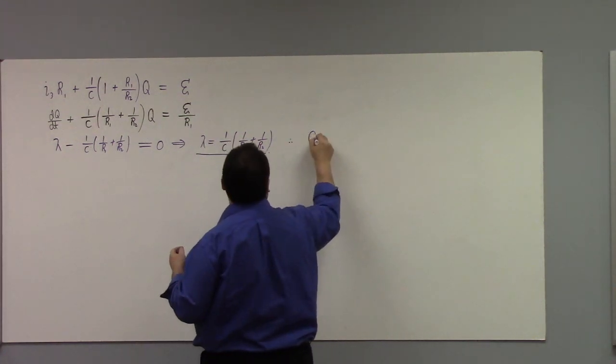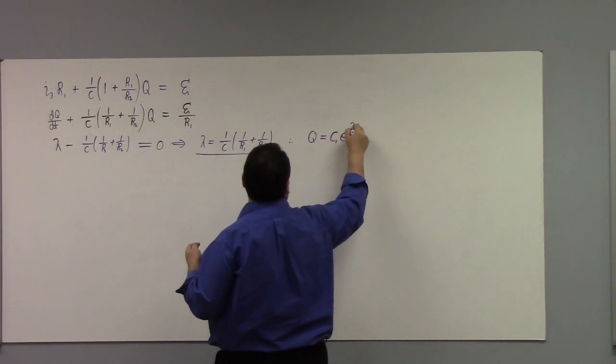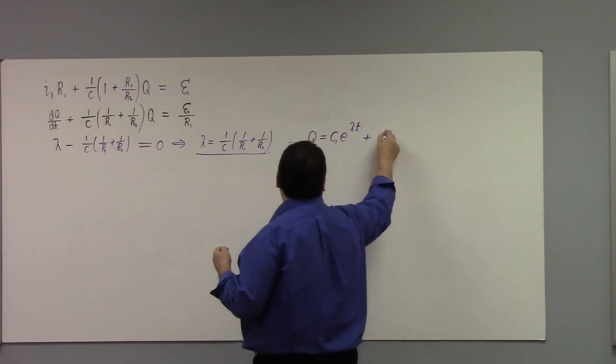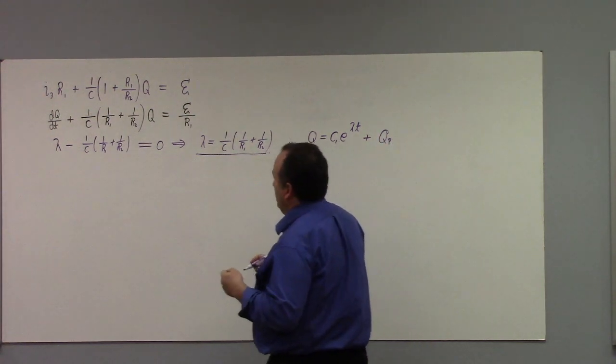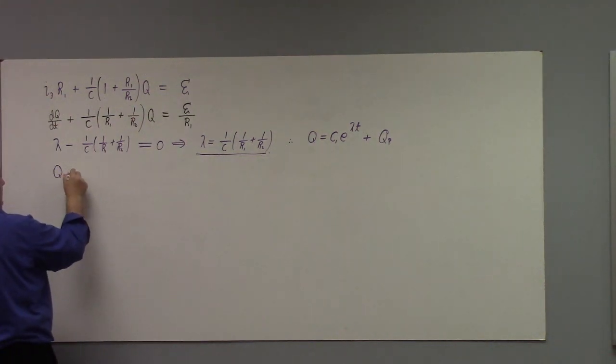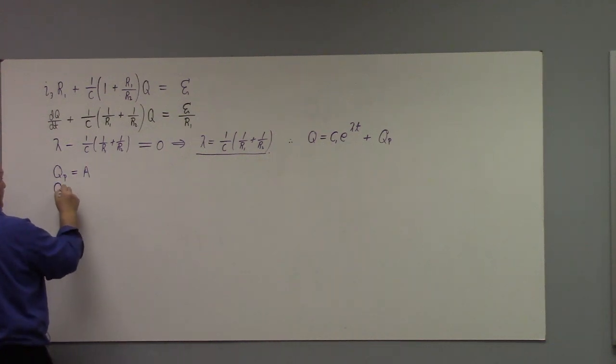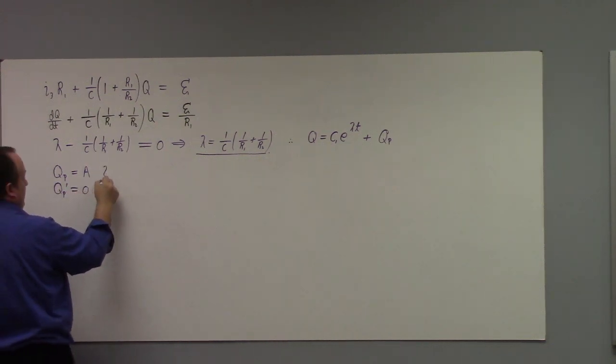So therefore, Q is equal to some constant, C1 times e to the lambda t, plus a particular solution. The particular solution here, we should put in the form of a constant. And so then QP prime is 0. I plug that in.